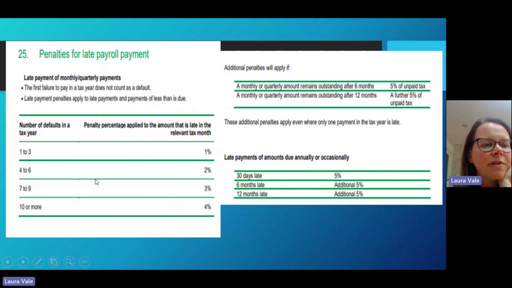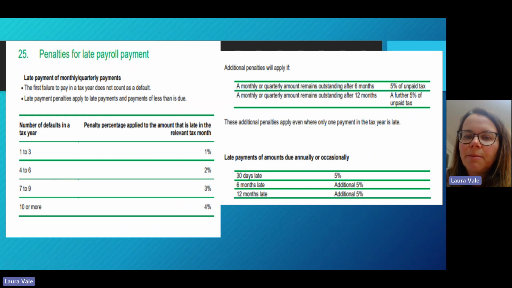And here we've got number of defaults in the tax year. And then you can see that a different percentage is then applied to the amount that is late. Additional penalties will apply if a monthly or quarterly amount remains outstanding after 6 months of 5% of the unpaid tax. Or if it's after 12 months, it's a further 5% of the unpaid tax.